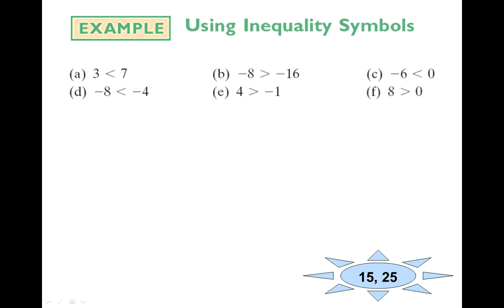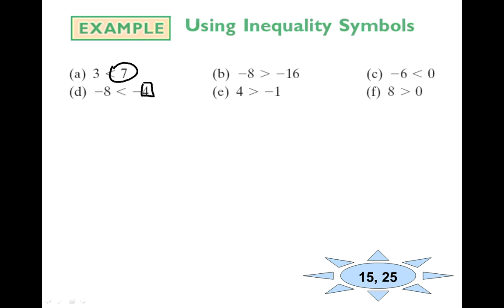Okay, so using inequality symbols, remember that the open eats the larger number. Now that's pretty straightforward when we're dealing with positives, but remember when we're dealing with negatives, smaller numbers are actually bigger negatives. I like to think about it with money.